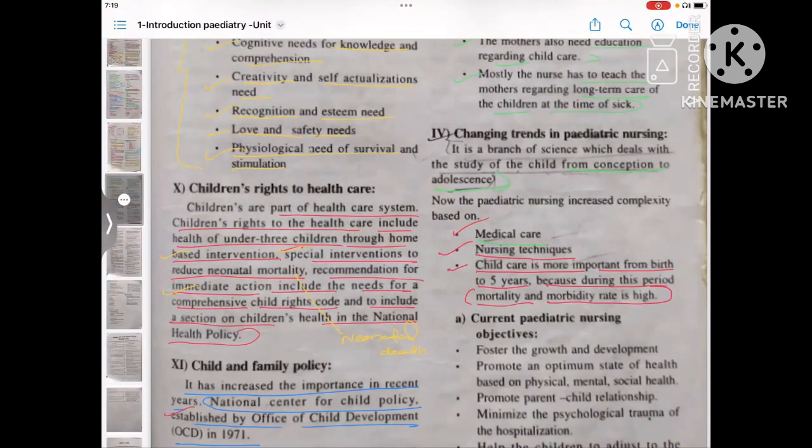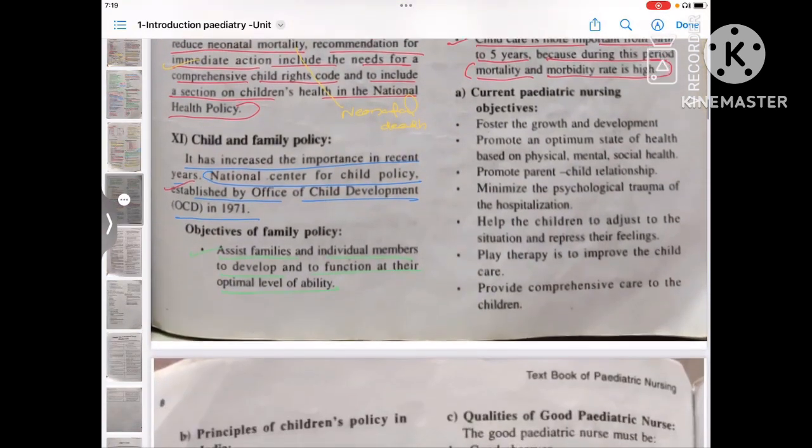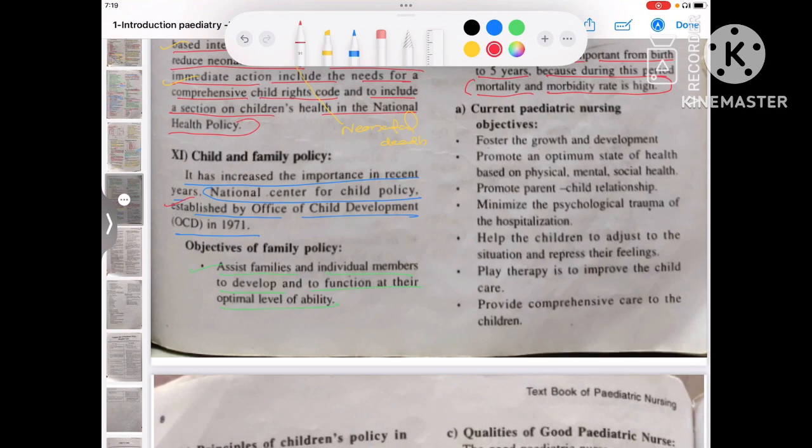Let's see the first topic, the current pediatric nursing objectives. These are the present nursing objectives, what a nurse should maintain and know. First, foster growth and development. Then promote an optimum state of health based on physical, mental and social health.